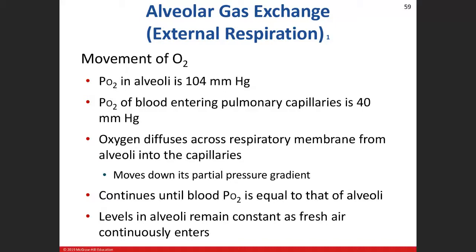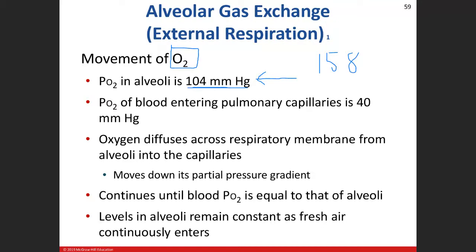Okay, so some values that you want to know. When we're talking about oxygen, its partial pressure in the alveoli. And when you hear me say the lungs, I'm referring to the alveoli. So when I say partial pressure of the lungs is 104, specifically the alveoli, that's going to be constant. Remember, we're dealing with a constant number. That's not going to change. 104, even though in the atmosphere of this room, it's 158.